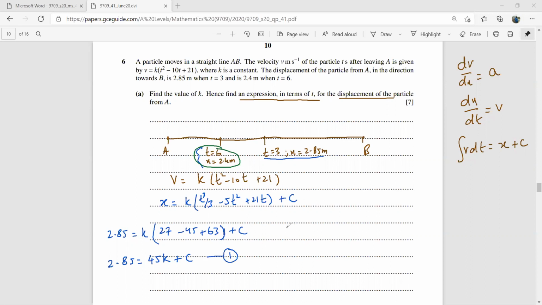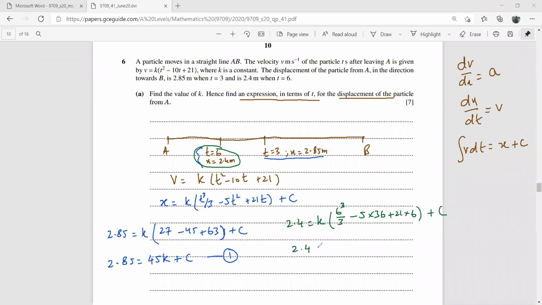So that will give you 2.4 equal to k into 6 cube over 3. Please put that into your calculator. Minus 5 into 36 plus 21 into 6, and then there is a plus c. Please tell me what is all of this.